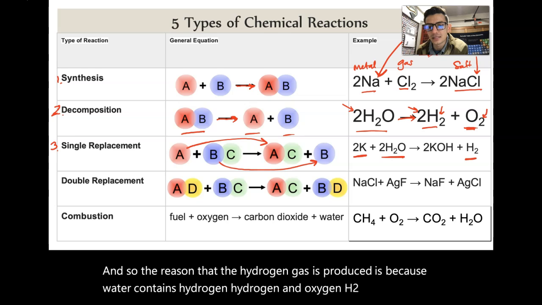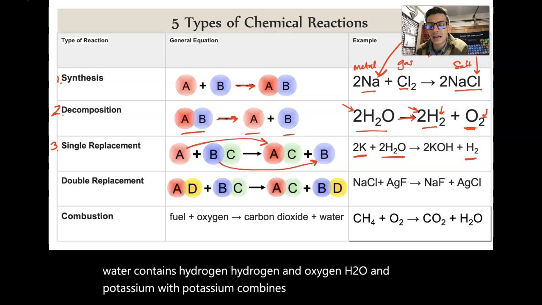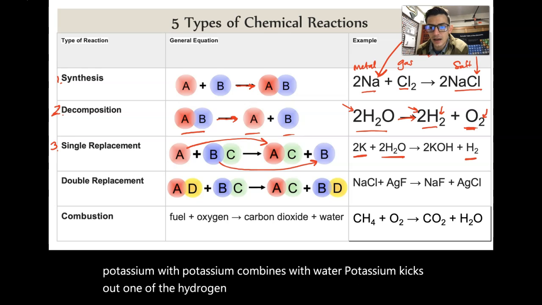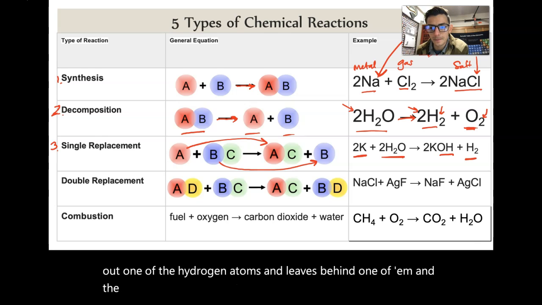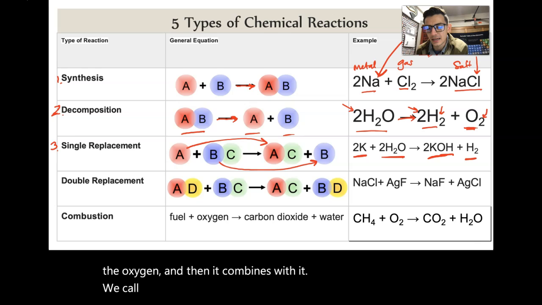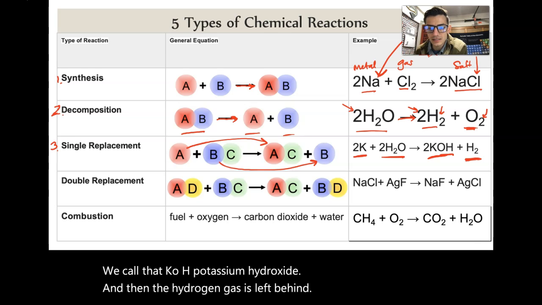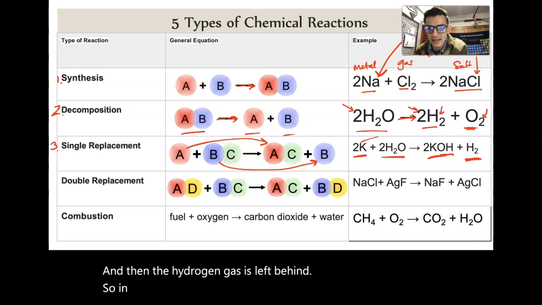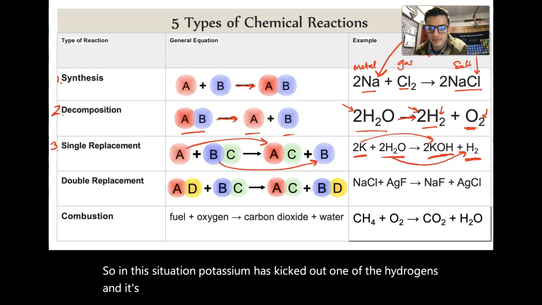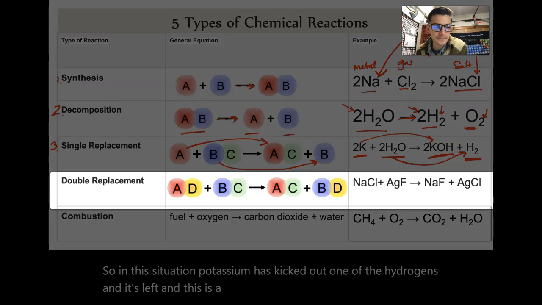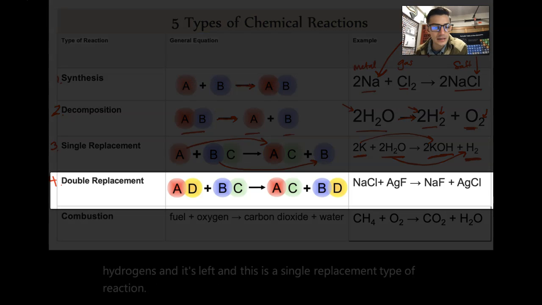When potassium combines with water, potassium kicks out one of the hydrogen atoms and leaves behind one of them and the oxygen, and then it combines with it. And we call that KOH, potassium hydroxide. And then the hydrogen gas is left behind. So in this situation, potassium has kicked out one of the hydrogens, and this is a single replacement type of reaction.